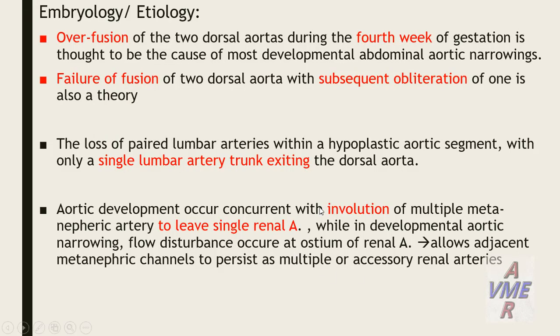And about the multiple renal arteries, we have development and involution of the multiple metanephric arteries in association with the aorta. With narrowing of the aorta, disturbance occurs at the ostium of the renal artery, which allows adjacent metanephric channels to persist as multiple or accessory renal arteries.